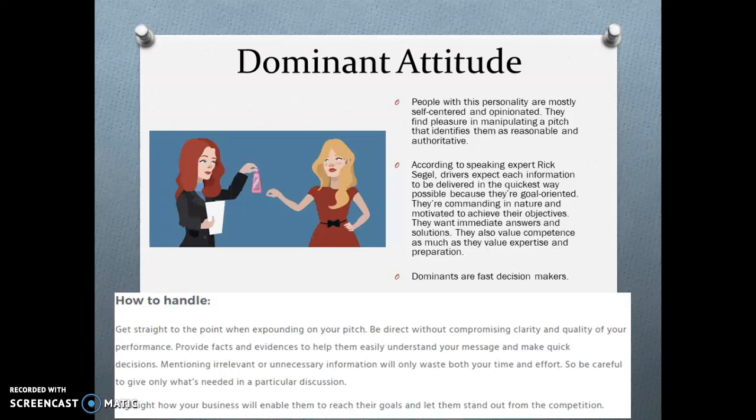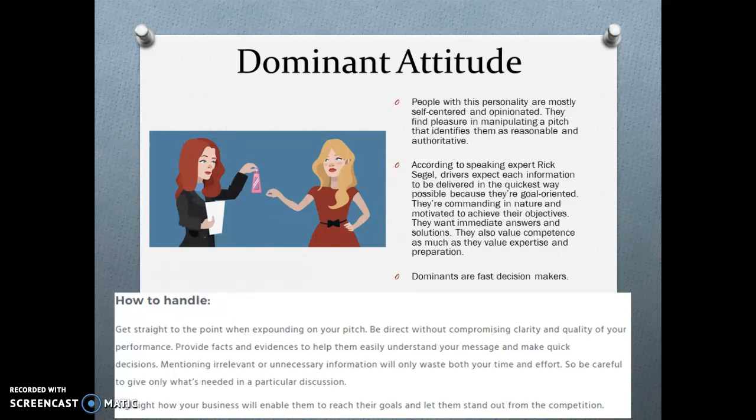According to speaking expert Rick Segal, drivers expect information to be delivered in the quickest way possible because they're goal-oriented. They're commanding in nature and motivated to achieve their objectives. They want immediate answers and solutions. They also value competence as much as expertise and preparation. Dominants are fast decision makers.